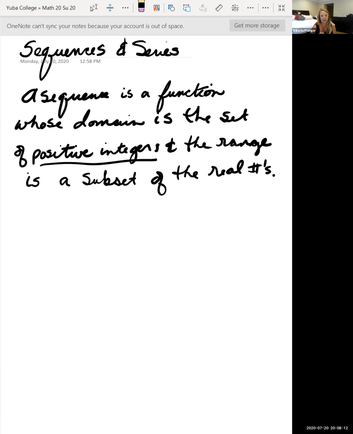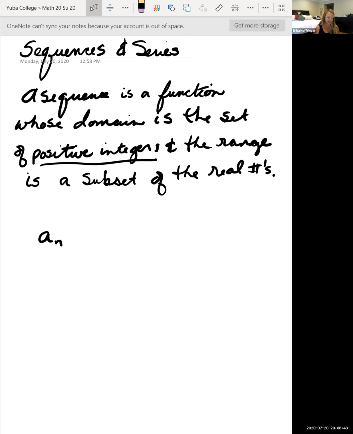Then any value that you plug in for n, usually n is the variable we use for sequences, you're going to get some output. There's going to be some equation you use to figure out what your output is, and that output is usually a real number. When we're dealing with sequences, instead of function notation, we use little letters with a subscript, a sub n.